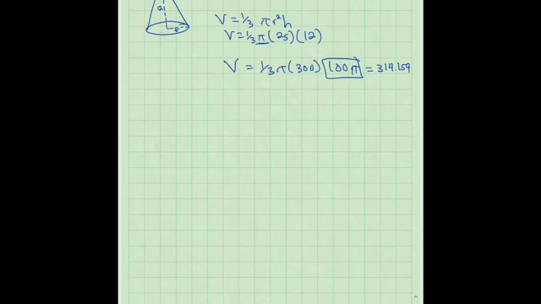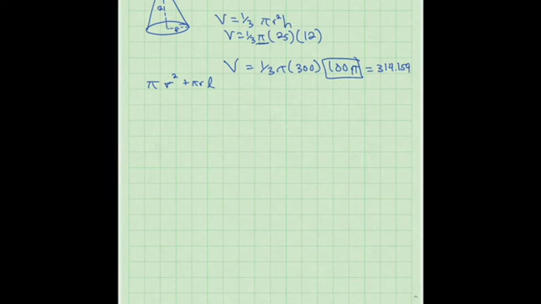And surface area, so let's just write out the formula. Surface area equals pi r squared plus pi r slant height. So to find slant height, we use the Pythagorean theorem.